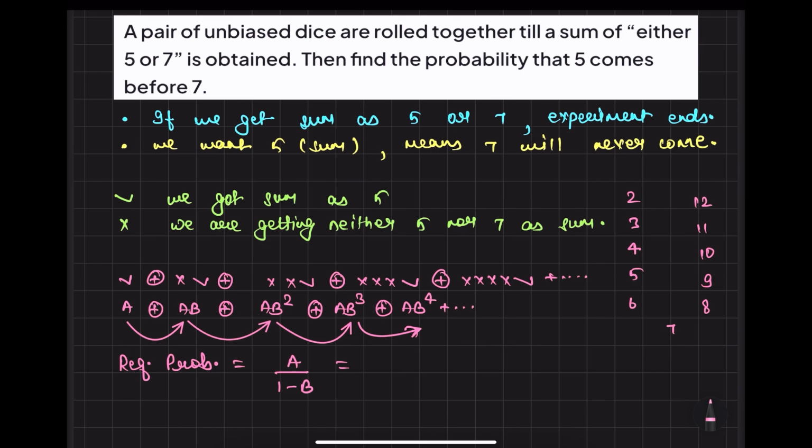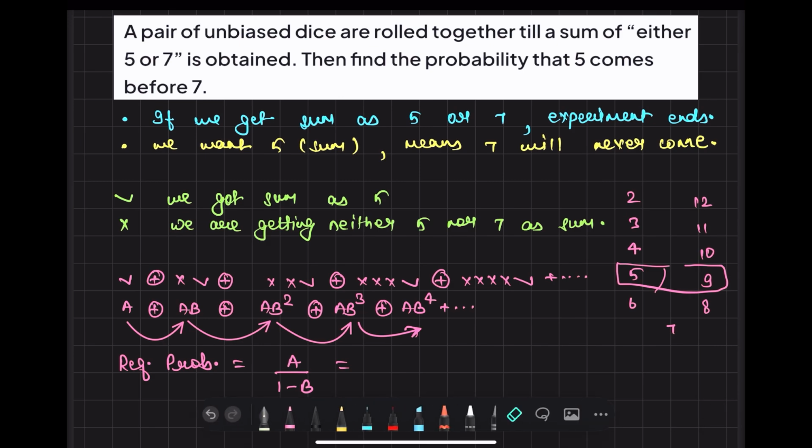So if you throw dice twice, you will get these as the sums, and 2 and 12 will come once. 3 and 11 will come 2 times, 4 and 10 will come 3 times, 5 and 9 will come 4 times, and so on. So A means getting the sum as 5. So how many times will 5 come? 5 will come 4 times.